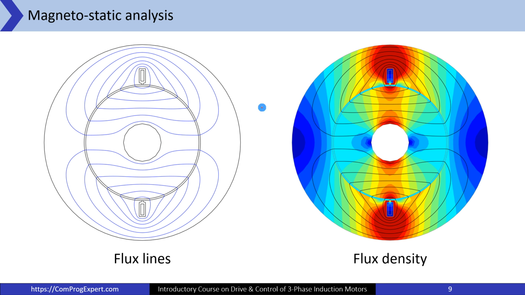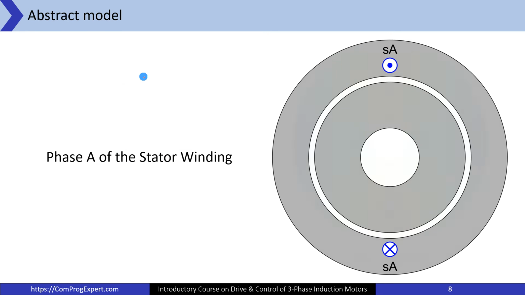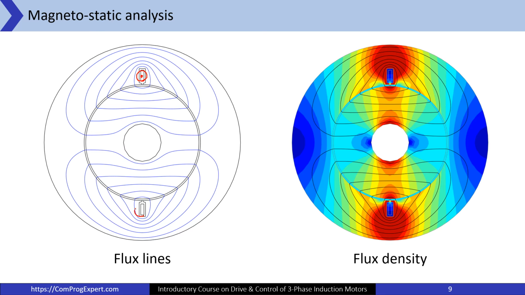For this coil arm, if I consider the direction of the current out of the paper, similar to this one, and for this one into the paper, we will have this field here in this direction. So here is the direction of the flux density lines and the flux density vectors that we have.